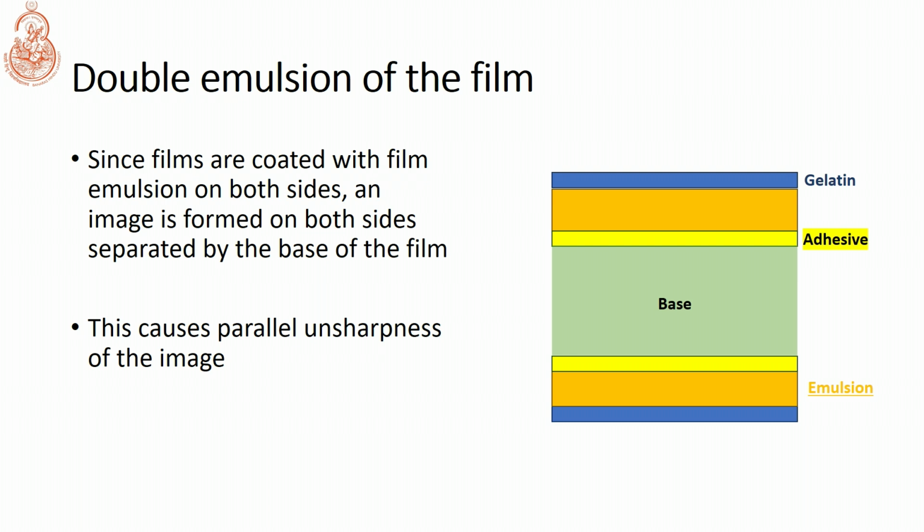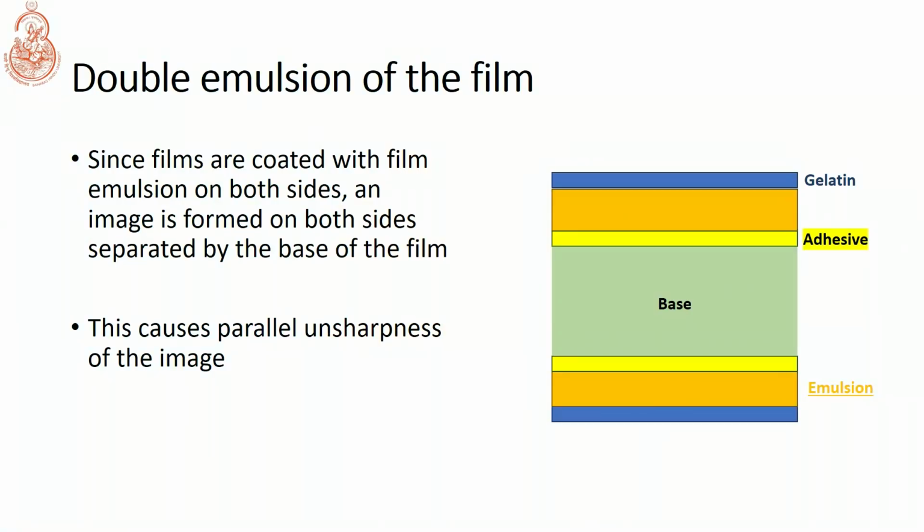Since these emulsion layers are present on both the sides, we are going to get an image formed on both the sides, which means that we are going to have two different images of a single projection on the film, and these two images are going to get superimposed.